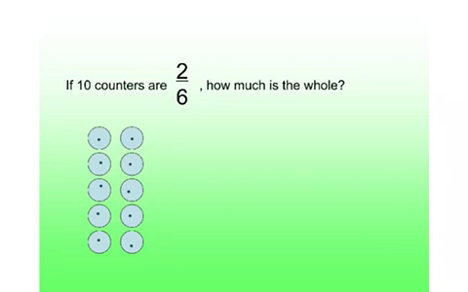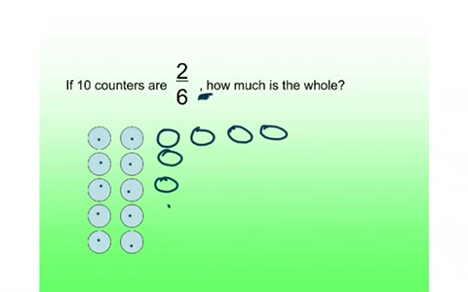How many more do we need to make it whole? Yeah, we're going to need 4 more like this to make it a whole, right? Because the denominator tells us that it's into 6 parts. So then there'd be 1 more row, 2, 3, 4, and we're going to have 5 in each of those rows, right, kiddos?